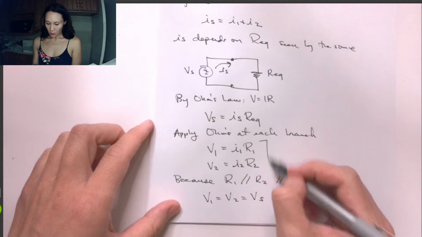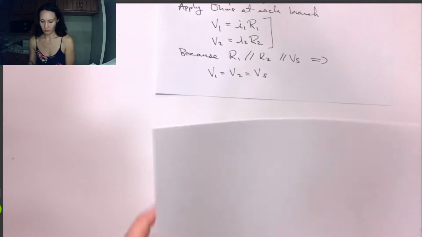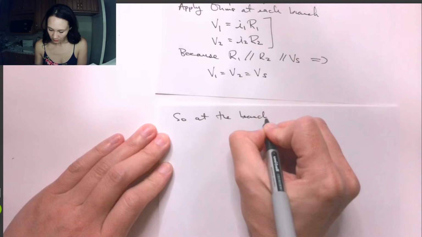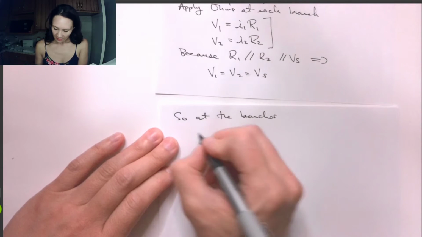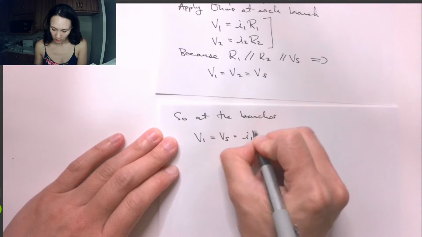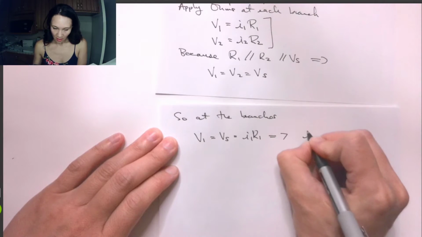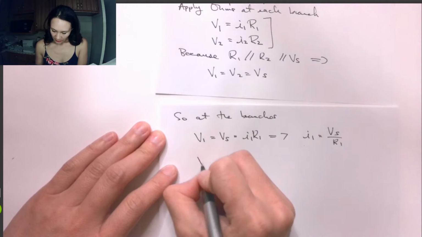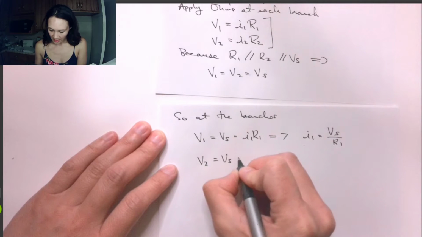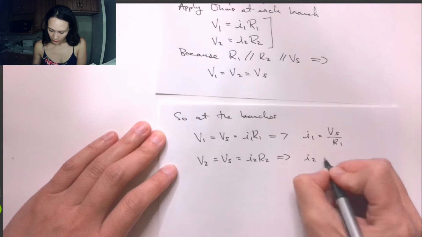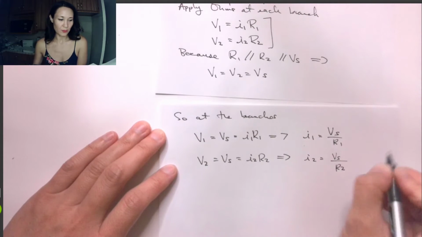So then these equations become, at the branches, we have that V1 is equal to Vs is equal to I1 R1, so that implies that I1 is equal to Vs over R1. Similarly, since we know V2 is equal to Vs, and that's equal to I2 times R2, that implies that I2 is equal to Vs over R2. Great.